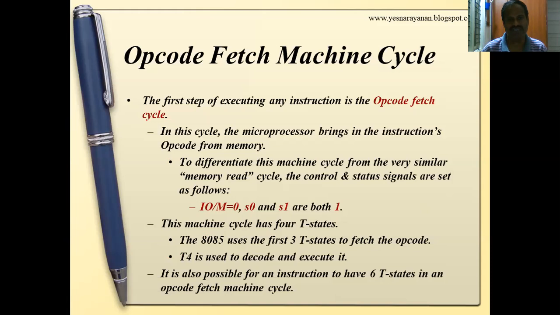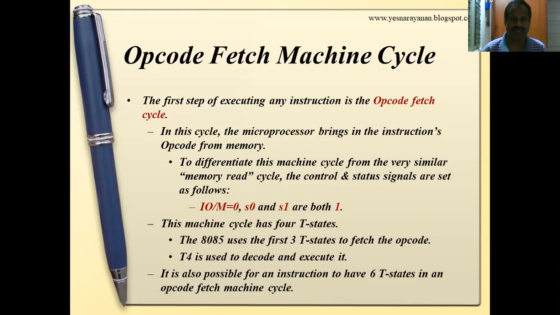To differentiate this machine cycle from the very similar memory read cycle, the control and status signals are set as follows. IO/M bar signal is set to 0 because it is a memory related operation. Then S0 and S1 are both 1. It means a fetch operation is going on.